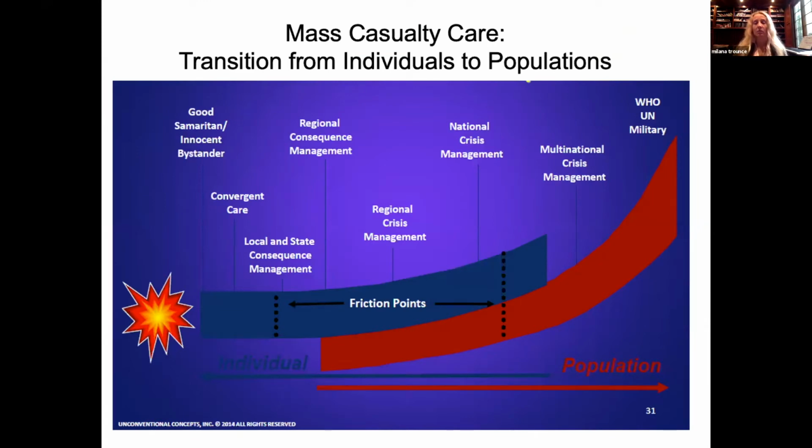Another point with mass casualty care, we've seen this in Italy. We haven't quite seen this where we are around Stanford. We have this under control. But bottom line, we switch in the emergency room. I'm an ER doc. We switch from standard care to crisis care, where instead of putting all the resources into one individual, we step back and think about population health and how we do the most good for the greatest number of people.